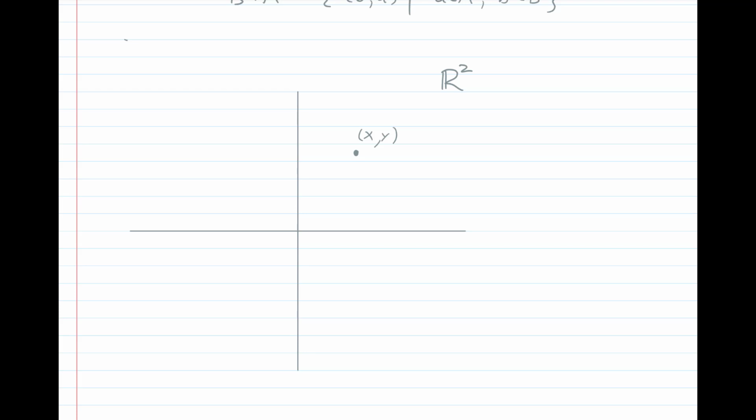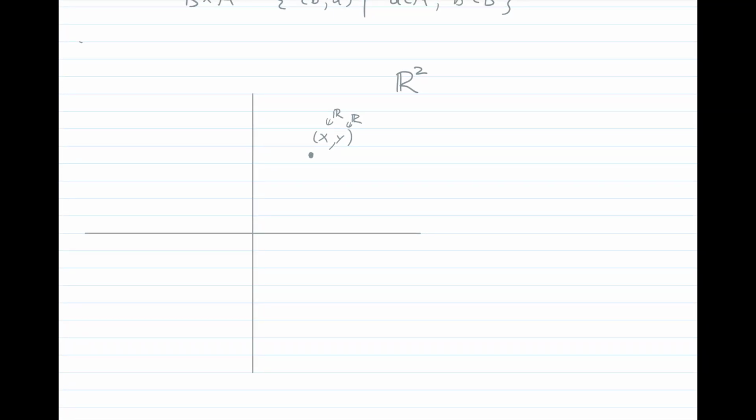And the first entry is a what? It's a real number. And what's the second entry? It's also a real number. So what's that tell us? R2 is simply, well, let's write it down. It's the set of all ordered pairs (x, y) such that x is a real number and y is a real number.